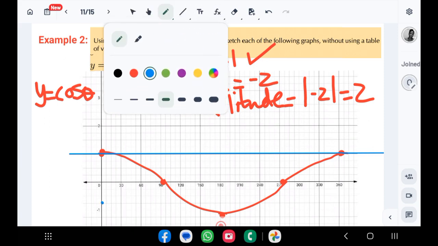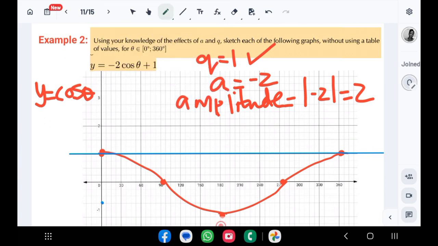Now at -1, we must make sure that the resting place is maintained. At the point where it was supposed to have an x-intercept at 90 degrees, it has been shifted by 1, so it's at the resting place. There is the resting point, so we'll put that there.